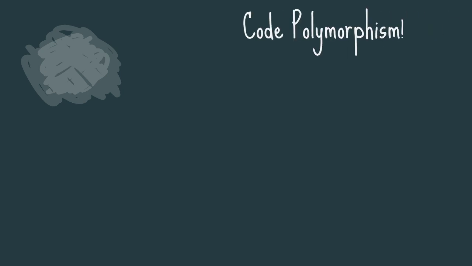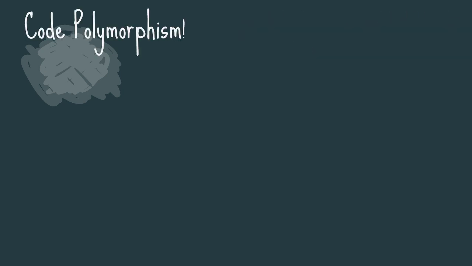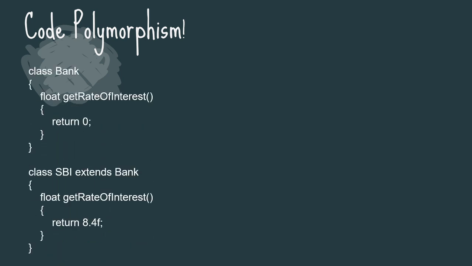Okay, so now let's look at one code that I have written for you. See this class Bank, and the main method is float getRateOfInterest, and here we are giving nothing, only returning 0. Then we are extending the Bank class by writing class SBI extends Bank, and another method we are declaring, float getRateOfInterest, and the interest rate is 8.4.